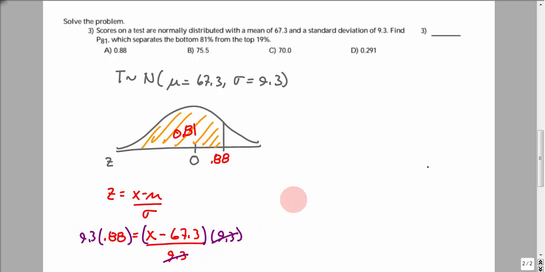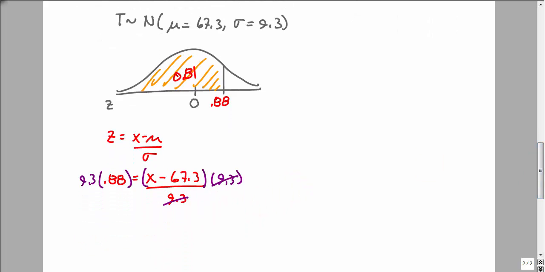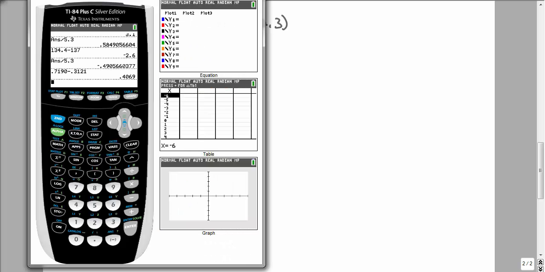The 9.3's cancel, and I'm left with adding the 67.3 across, and I get X equals 67.3 plus 9.3 times 0.88. So let's go ahead and plug this into your calculator and see what we get back out.